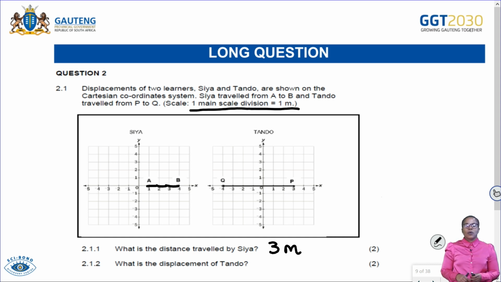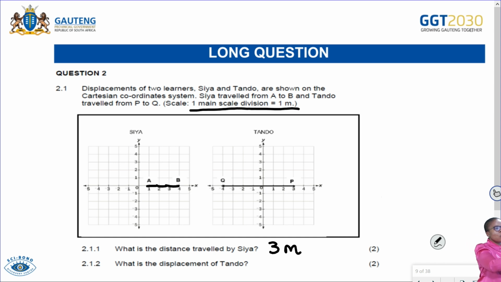The second one, which is 2.1.2, what is the displacement of Tando? Take into consideration now that displacement is a vector quantity. Therefore, I need to give the magnitude, and also I need to give the direction. I go to the Cartesian coordinate system for Tando, moving from point P to point Q, what is the displacement?